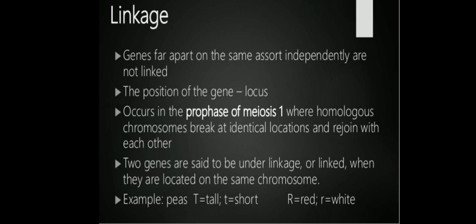Genes on the same chromosome, however, tend to stay together during the formation of gametes. It generally occurs in prophase of meiosis I, where the homologous chromosomes break at identical locations and the rejoining with each other is carried out with the help of linkages.